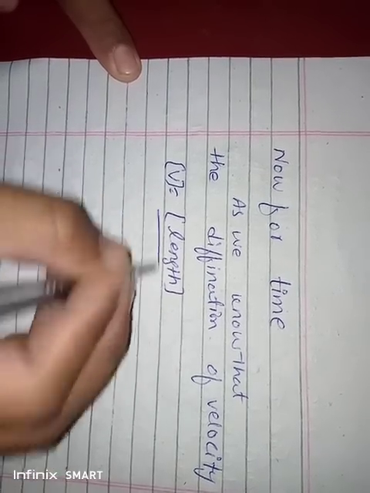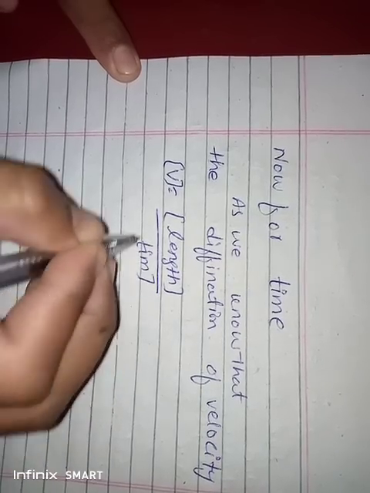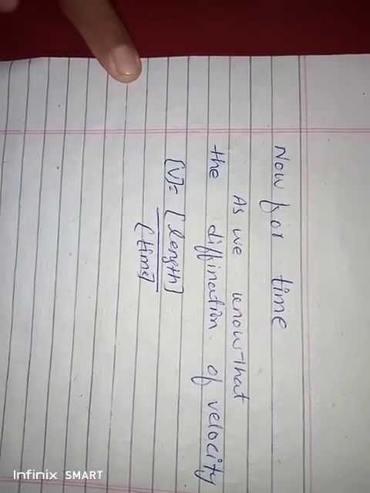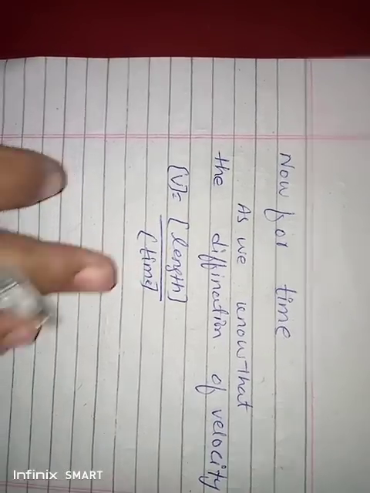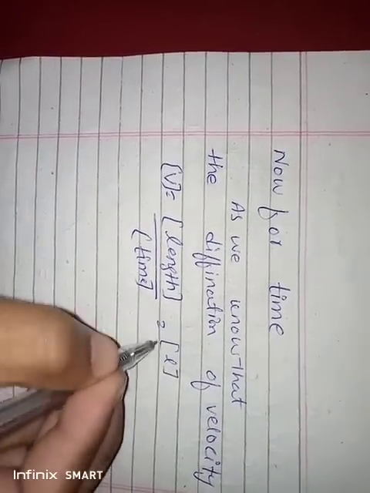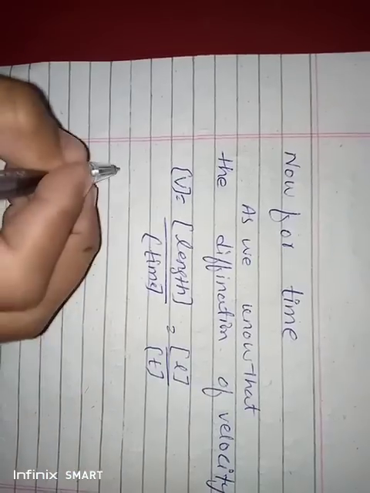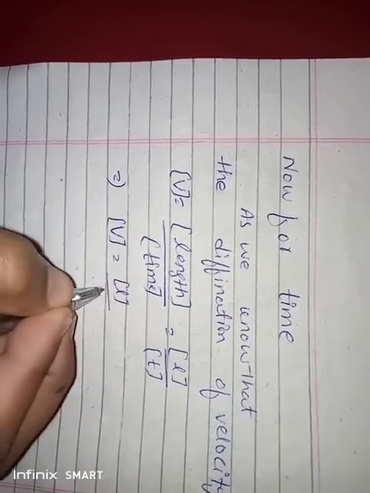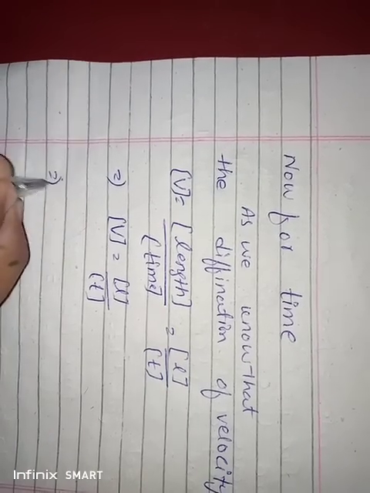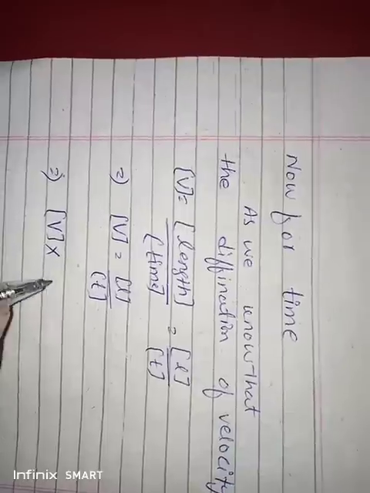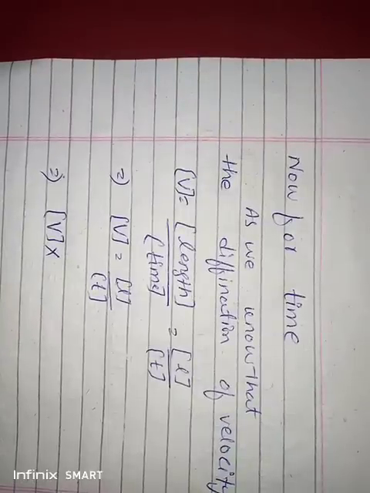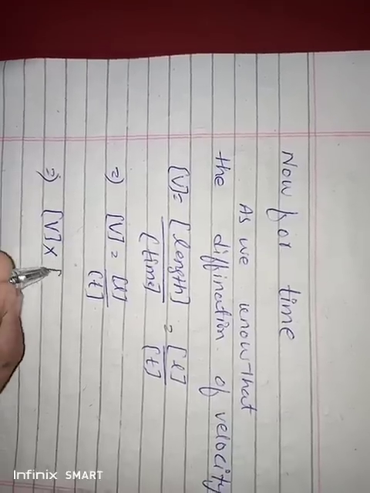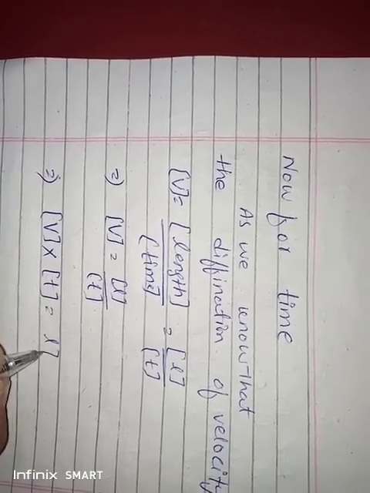We need the unit of time, so we can write V is equal to L divided by time T, which implies that V multiplied by T is equal to L.